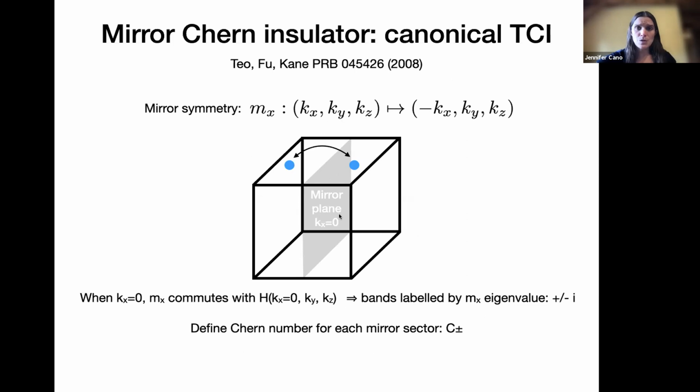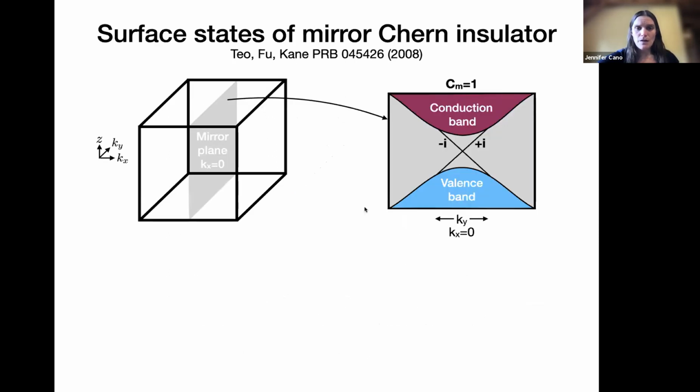So we can compute the Chern number for each one of these mirror sectors, and this gives us a refined topological invariant, which is different than the total Chern number. So the total Chern number would be C plus C minus, and the mirror Chern number will be the difference between them. And so for surface states, this gives us a new possibility.